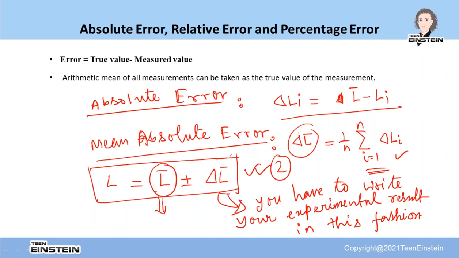This is the true value and this is the absolute error. I hope you have understood this, but I'll still take one simple example, just to make the concept of absolute error and how to report an experimental result clear.